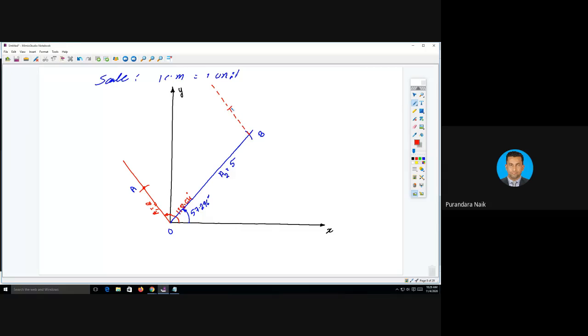This line is parallel to this line. Similarly, I am going to draw one more line, parallel to the other line, through point A.